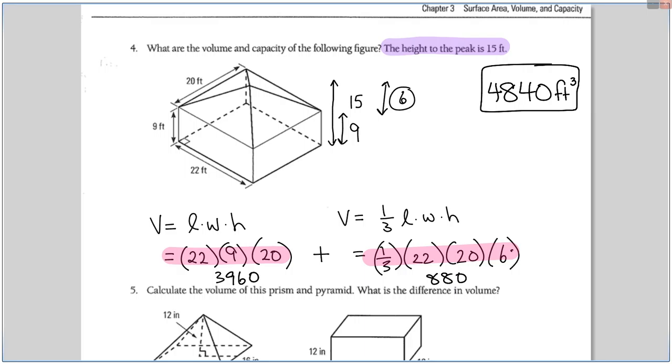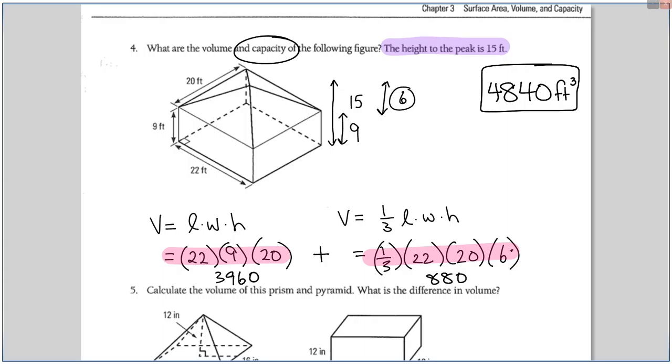Do I have any conversions for capacity from imperial on your formula sheet? Nothing. So I'm not going to give you guys an imperial unit and then ask you for capacity. Okay, I promise. Did you guys catch what I just said?